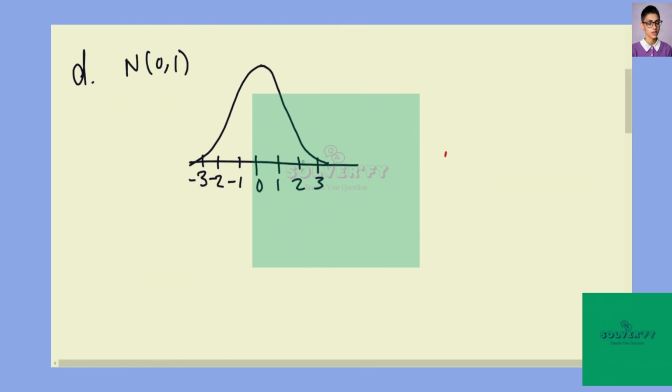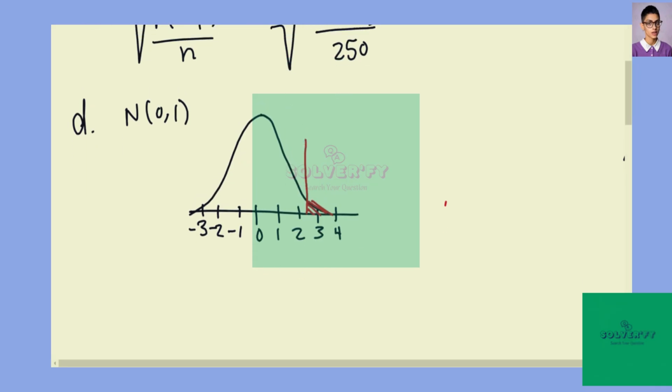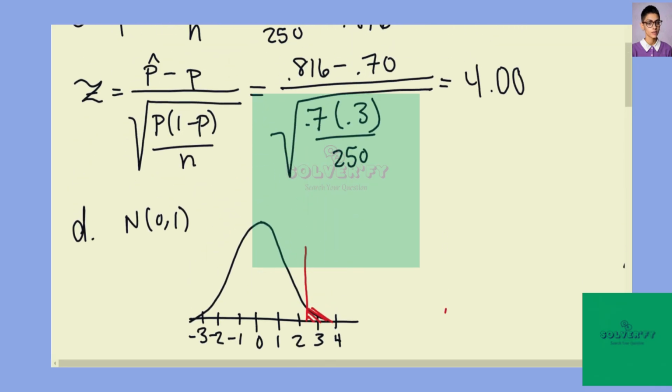So it's 2.33. So that's about here. And then we'll shade in the rest of that. And next we'll do our test value in green, and that is 4.0.